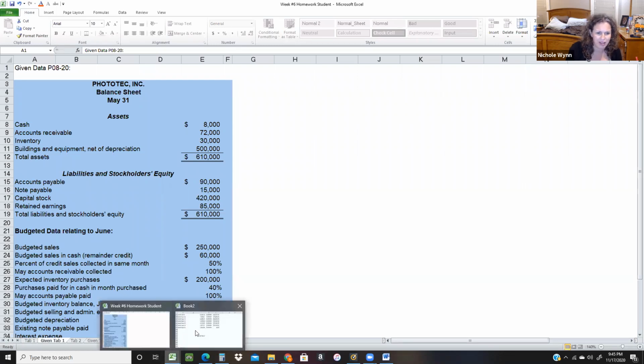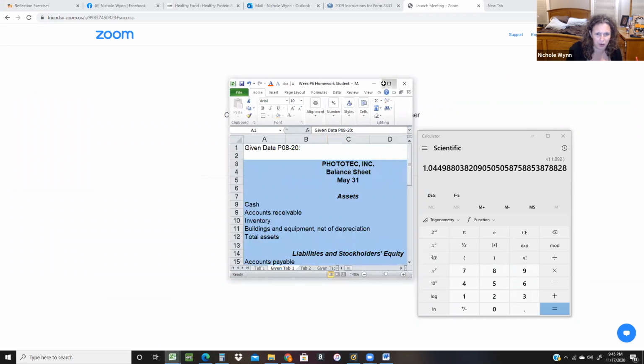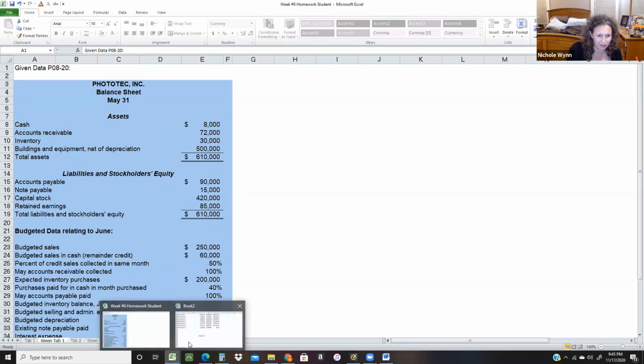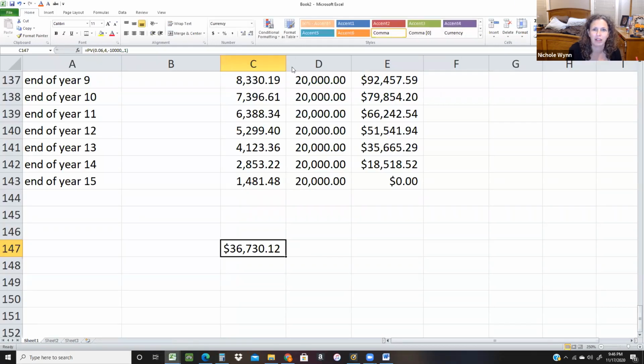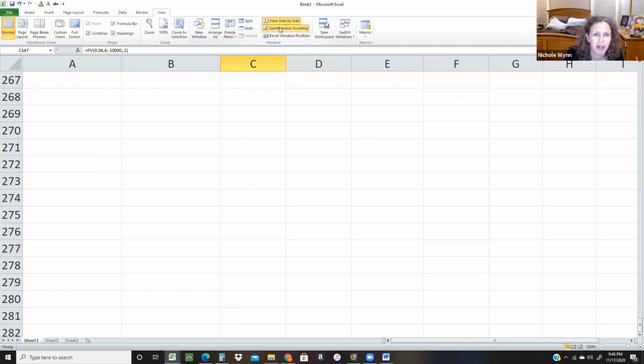So let's kind of try to detail that out. I'm going to pull up that one behind it. I want that one big and that one little. There is a way to view two spreadsheets at the same time, view side by side with synchronous scrolling. Where's the other one?